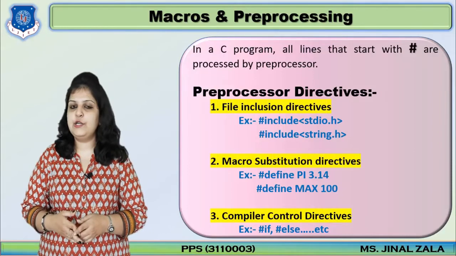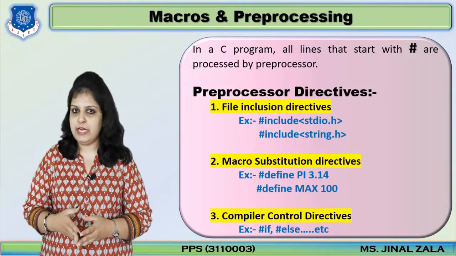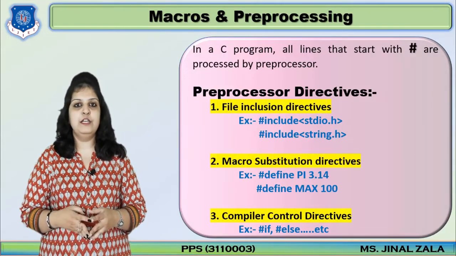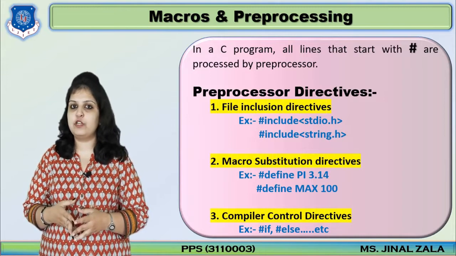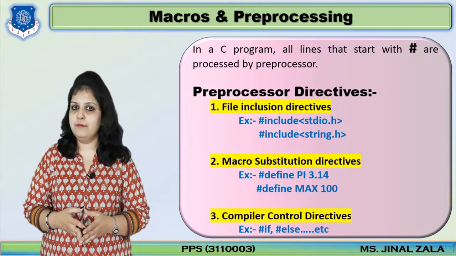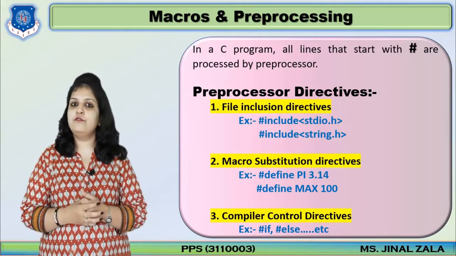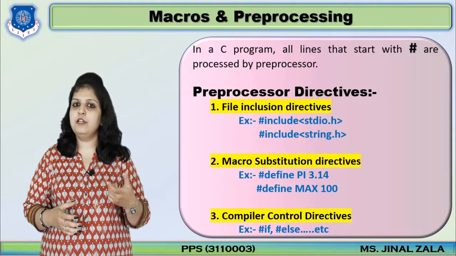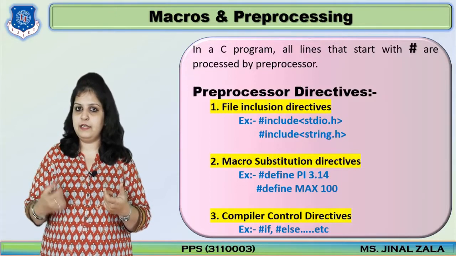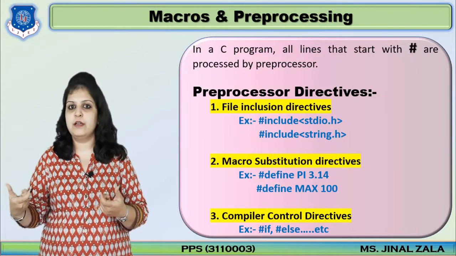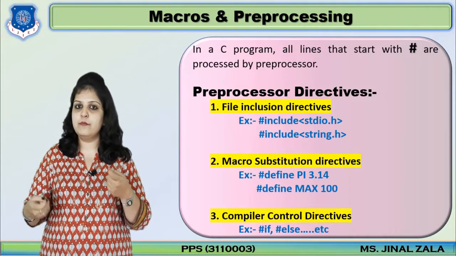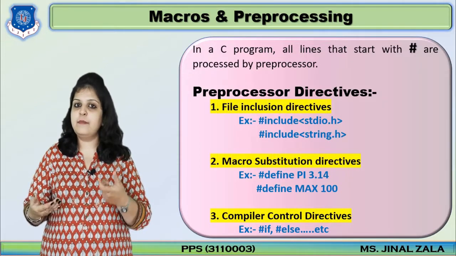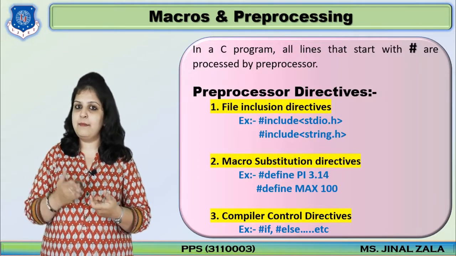Our second directive is the macro substitution directive. Macro is mainly used for faster execution. And how can we write the macro? First of all you have to write hash, then define. Now first write the macro name, and then the macro string. So when compiling the program, the macro will be replaced by the macro string.